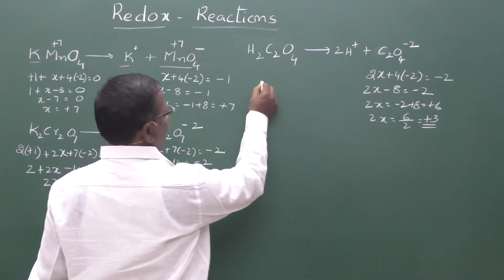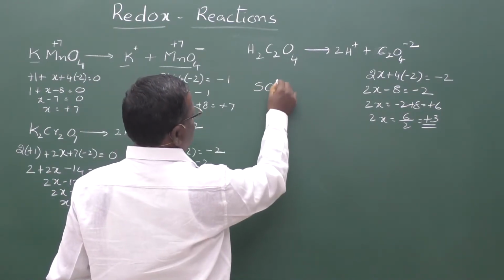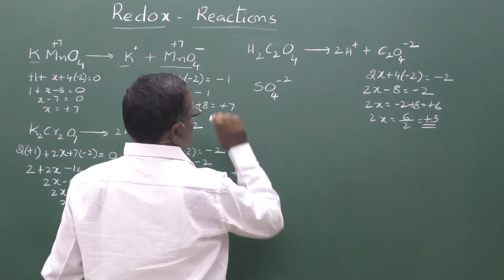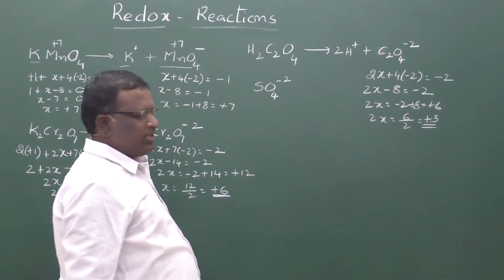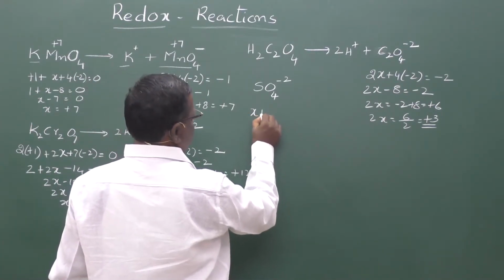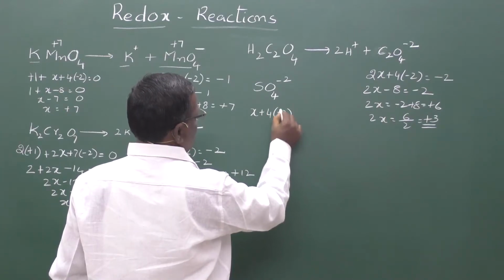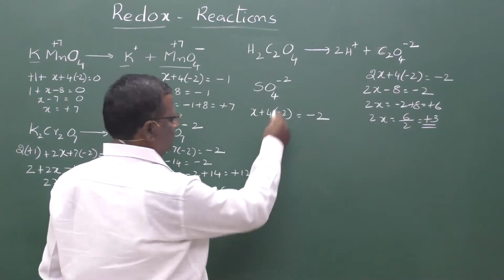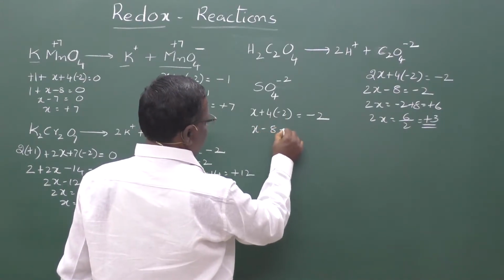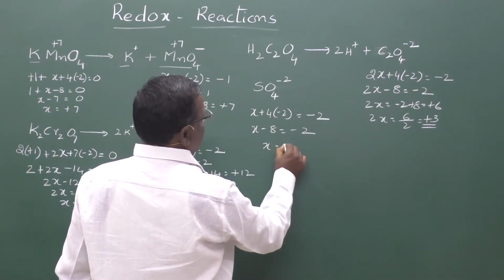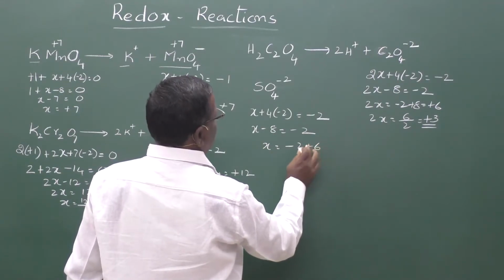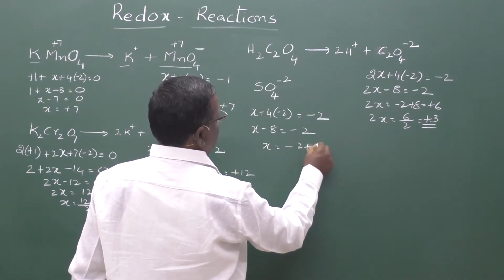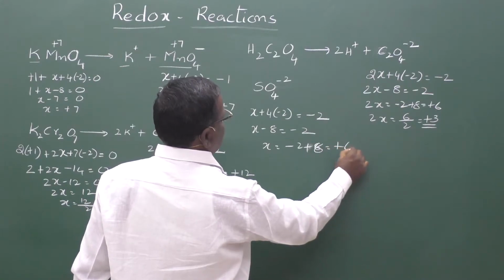Similarly, we can calculate the oxidation state of sulfur in SO4 2-. X + 4 into -2 = -2, so X - 8 = -2, X = -2 + 8, it will be +6.